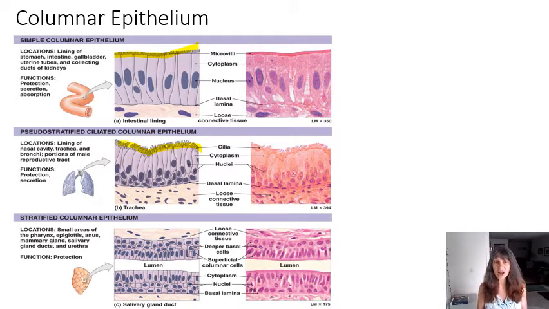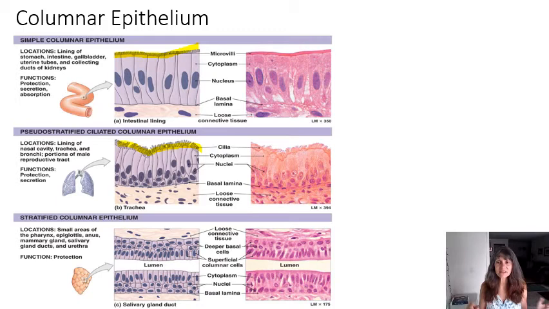When we look at stratified columnar epithelium, just like we saw with stratified cuboidal, not a lot of layers, maybe 2, maybe 3 when you look under the microscope. And stratified columnar epithelium is going to be found in parts of the pharynx, which is your throat. Please be careful. The word is pharynx, not pharnyx. You'd have to stick an extra N to make it into a pharnyx.